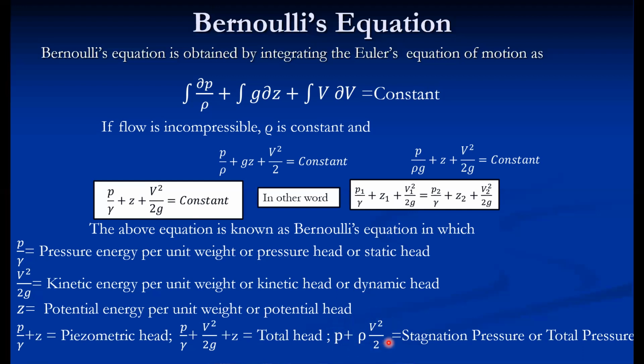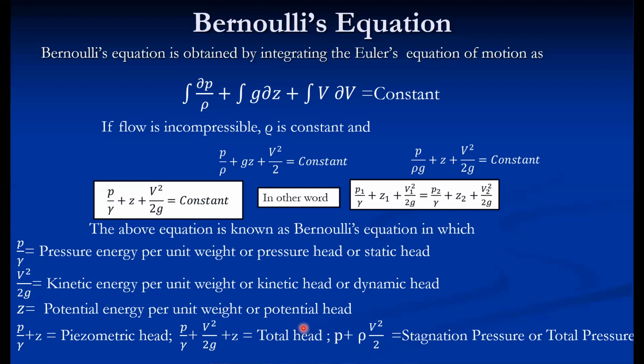We have already learned the total pressure concept in statics, but in statics the total force exerted by fluid on the surface is called the total pressure. So that is a force quantity. Here the total pressure is the actual pressure. It is the addition of static pressure plus dynamic pressure, so this term is called the dynamic pressure.